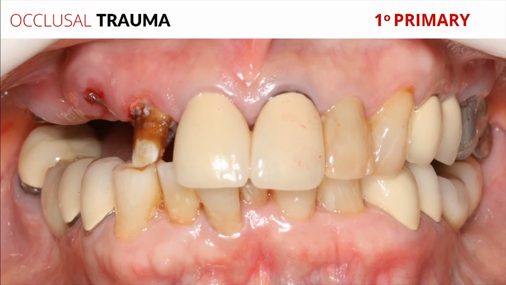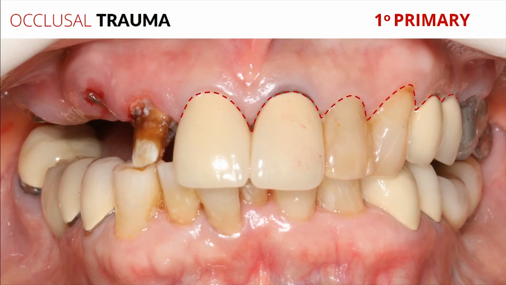So mutually protected occlusion is when posterior teeth protect anterior teeth. Well, the minute that we've lost our posterior teeth, right? So these teeth are missing or have been extracted, then our anterior teeth become overloaded. These anterior teeth aren't accustomed to taking on the brunt of forces in a vertical direction.